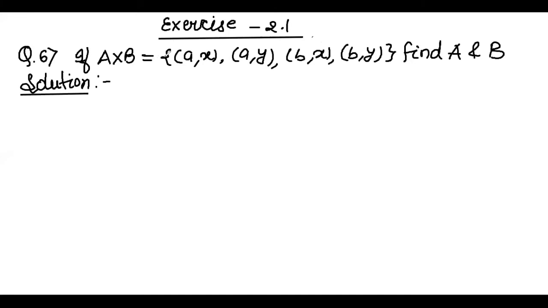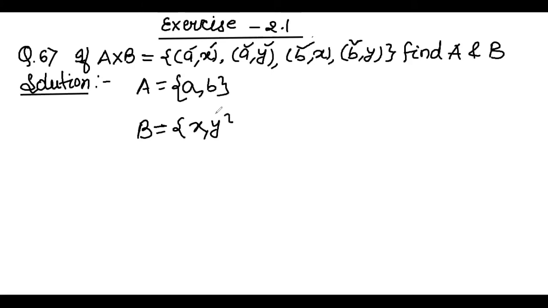Whenever we have to find out set A, we take elements from the first coordinate, means this part: A, B. These A and B are the elements of the first set A. And when we have to find out set B elements, we take the second coordinate, means X, Y. So this is the value of the sets A and B.